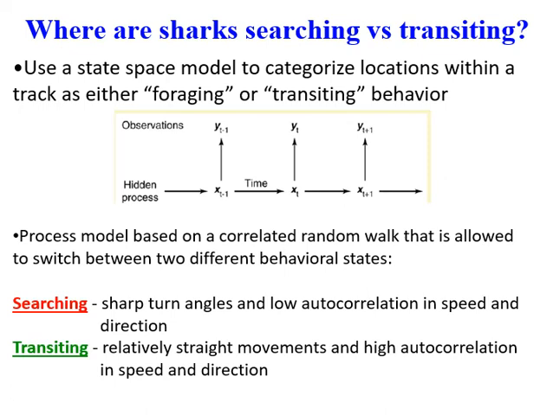And you can make a designation of each location in terms of, okay, at this location, this animal was searching, or at this location, this animal was going straight or transiting.